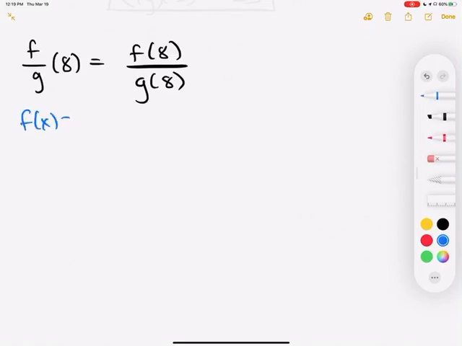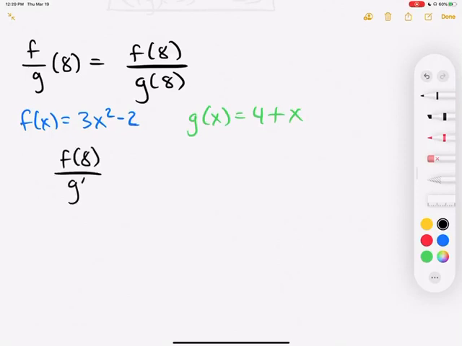F of x, this is the given function for the millionth time, and then g of x, that's a given function for the millionth time also. So I have to find first, before I start, f of 8.